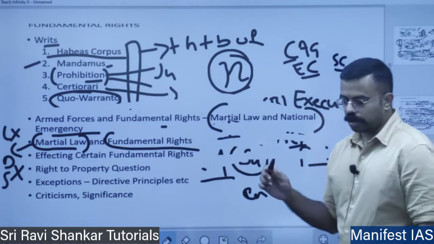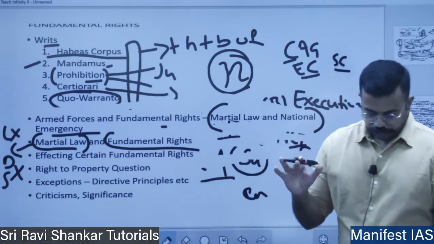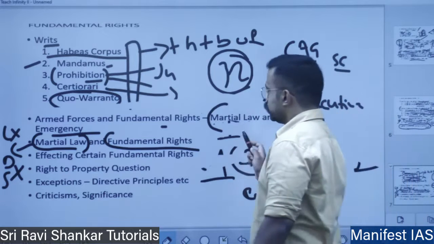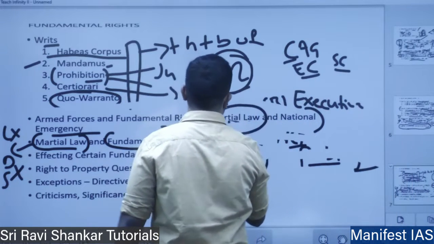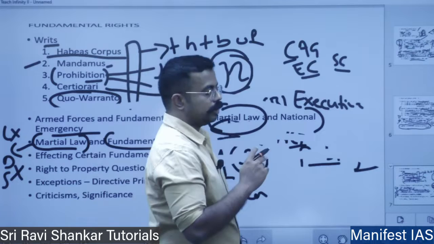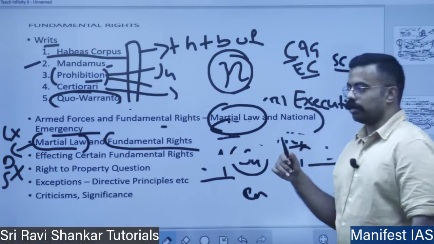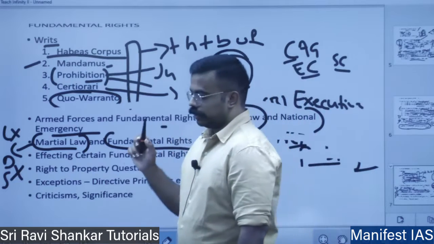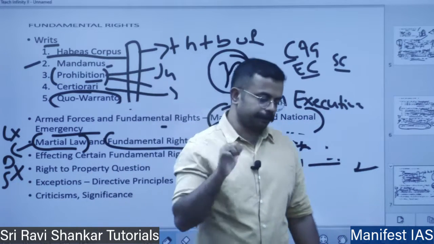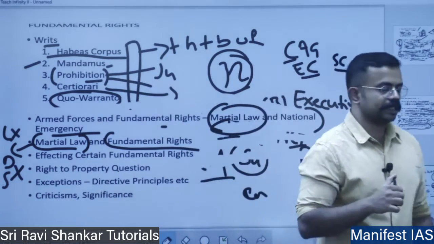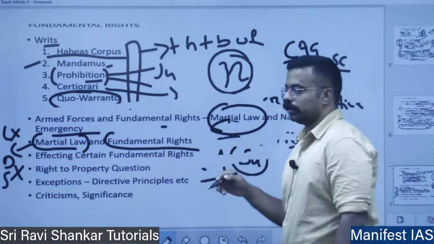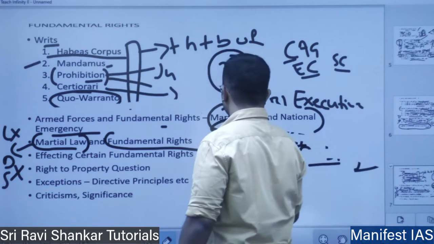Even courts are not suspended. So why is martial law imposed? In order to restore the broken law and order. Where a law and order issue is there, like in Nagaland, Northeast, Tripura, Mizoram, Manipur, Jammu and Kashmir, Jharkhand, Chhattisgarh, some law and order issue is there.